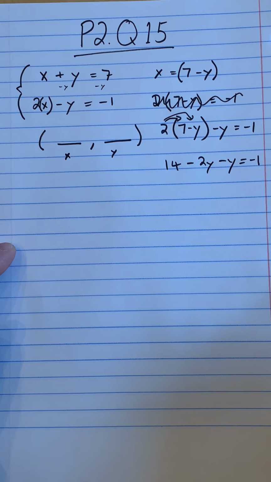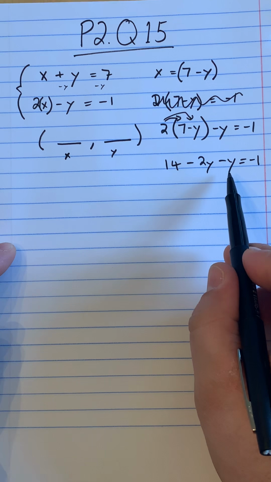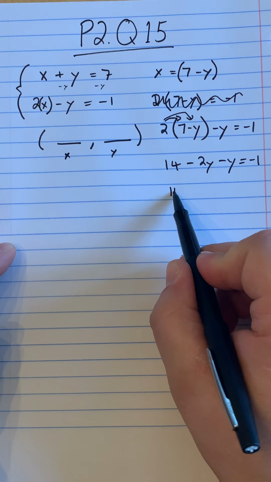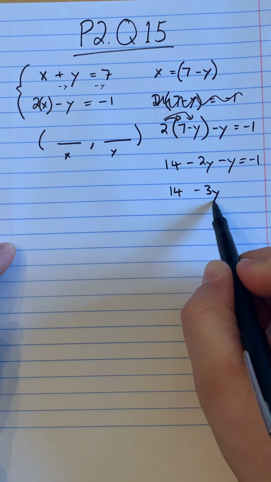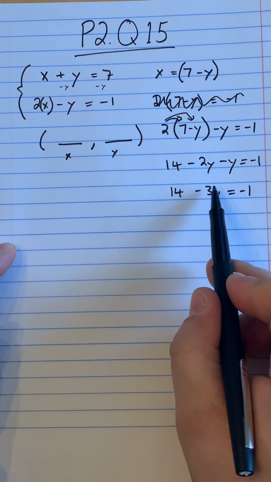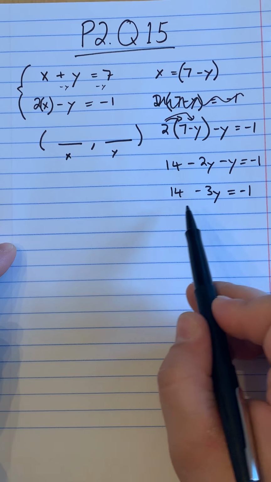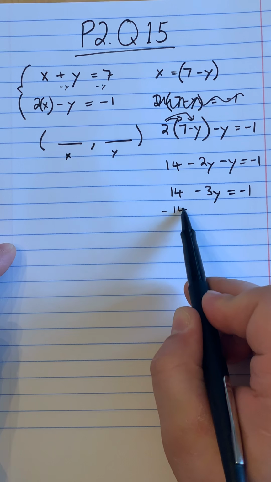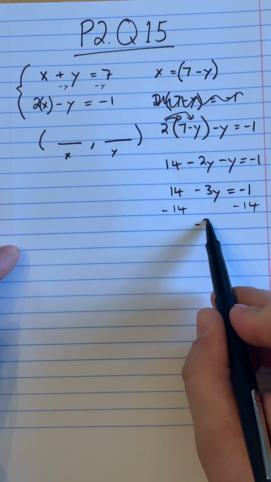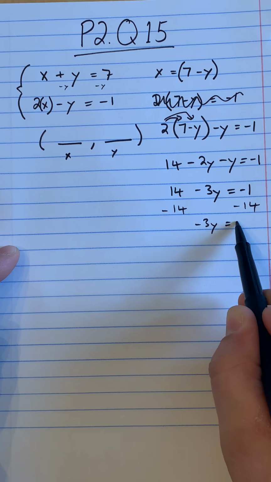All right, well, now what you can do is simplify, combine these y's together, and I have 14 minus 3y equals negative 1. Now I'm trying to get y by itself. So if I subtract 14 on both sides, I'm going to run into negative 3y equals negative 15.